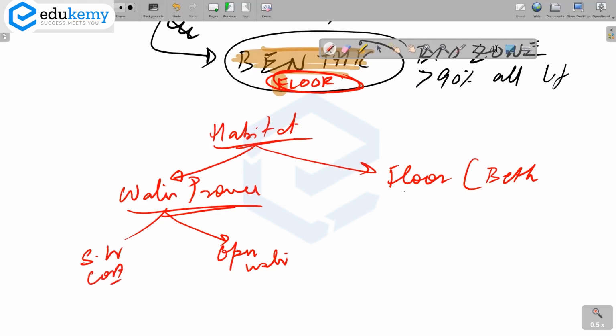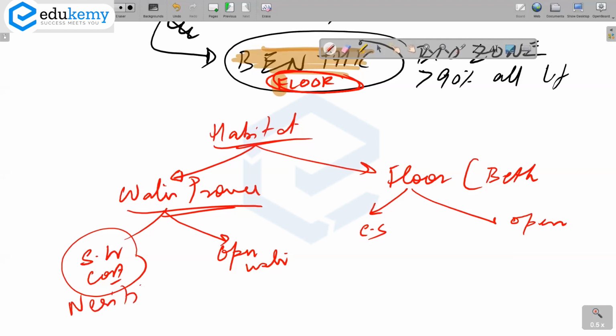Similarly the floor can be the continental shelf floor or the open floor. So these are the neritic waters and the pelagic waters. In the floor, this is the neritic floor, and we have the benthic floor.